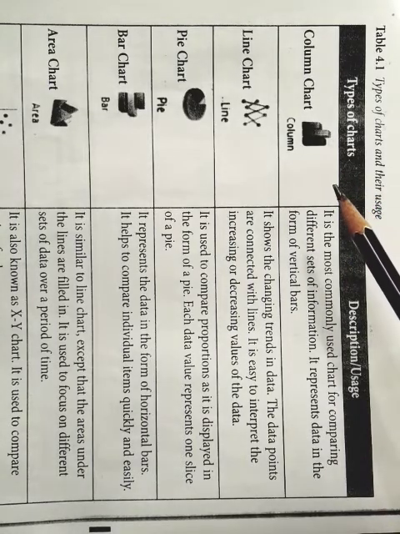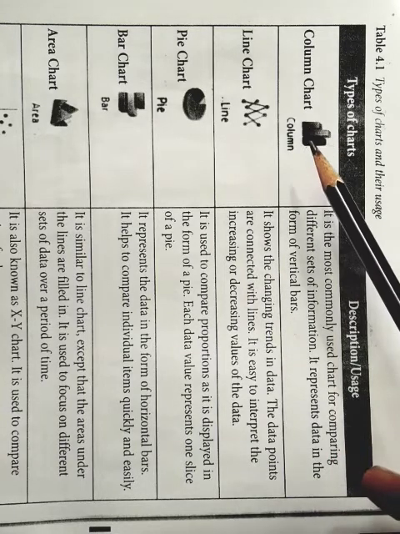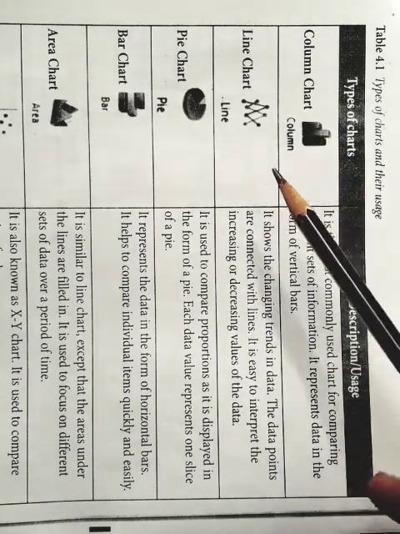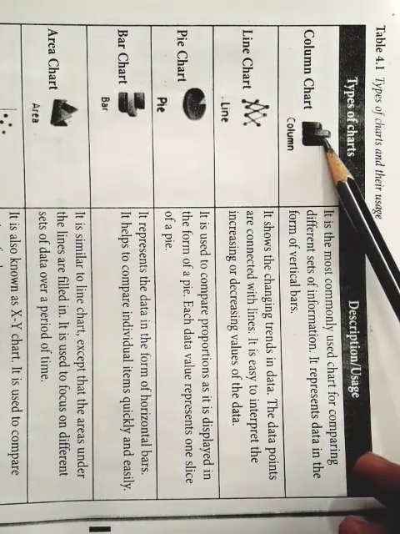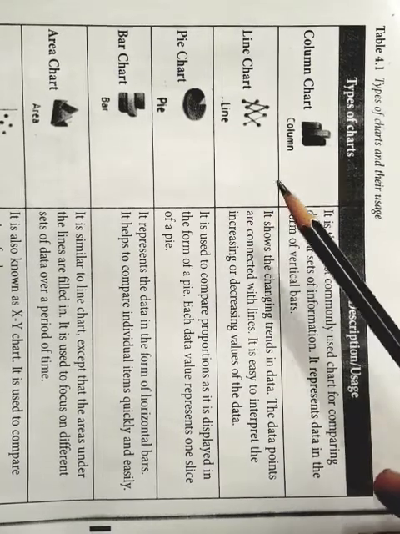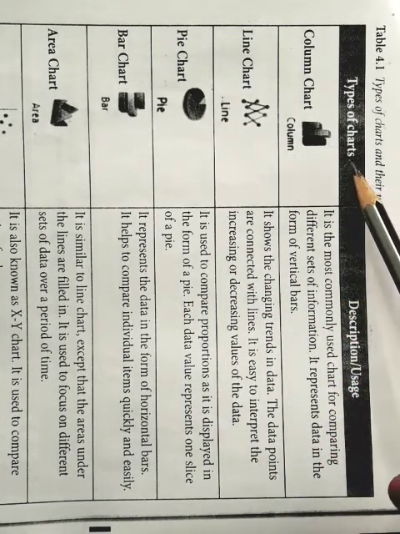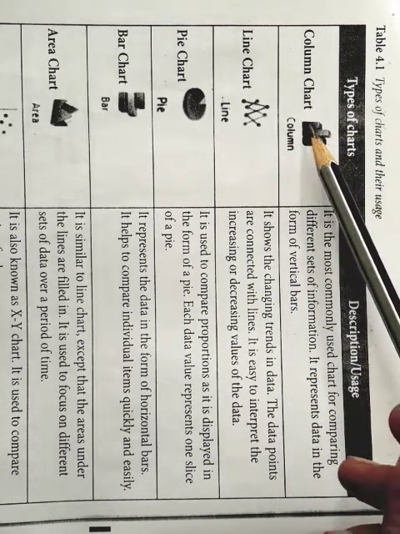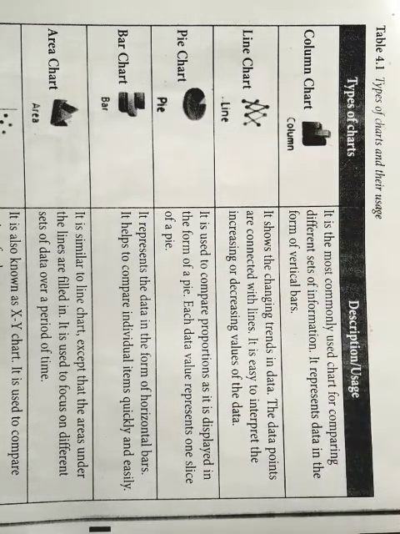Let's say from 0 to 5 overs, the runs made are these. From 6 to 10 overs, the runs made are these. And from 11 to 15 overs, runs made are these. So to compare the sets of information, the column chart is used and data is represented in the form of column bars or vertical bars.